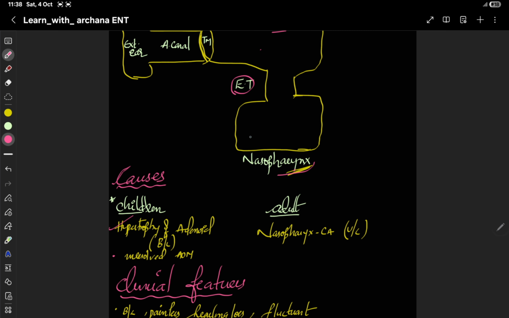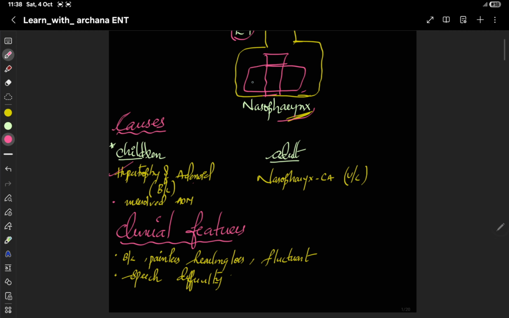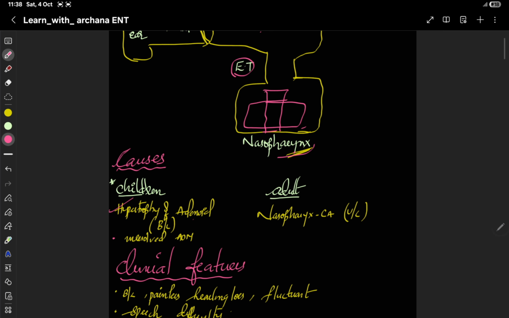So whenever there is hypertrophy of the adenoid, it will block the eustachian tube. And since it is a central structure, the blockage will be bilateral, right? So there can be bilateral blockage. So the first reason is hypertrophy of the adenoid, and it's mostly seen in children, right?